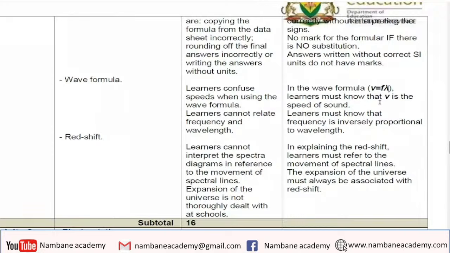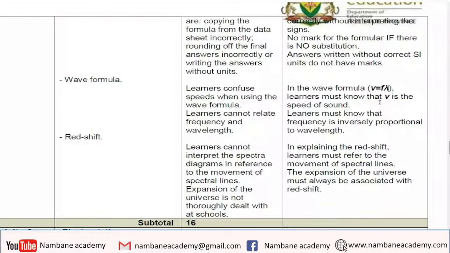And what is the red end? Red end is the end of longer wavelength and smaller frequency. And we know, according to Doppler's effect, it means whatever is moving away. So some of the things that we must be able to talk to.